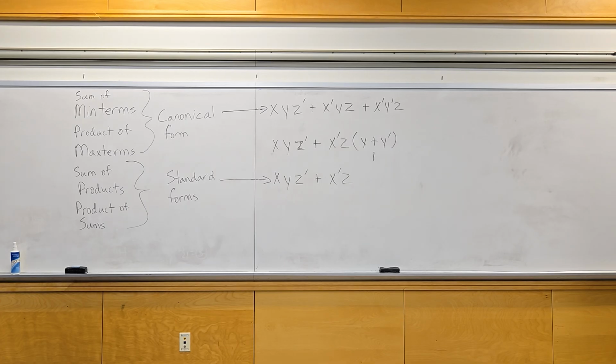When you're using a standard form, whether it's the sum of products or a product of sums, what you're creating is what is called a two-level structure of gates.